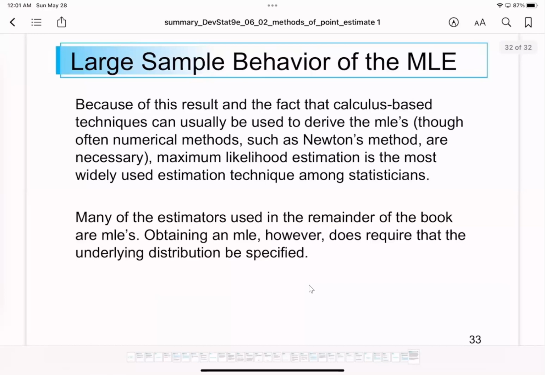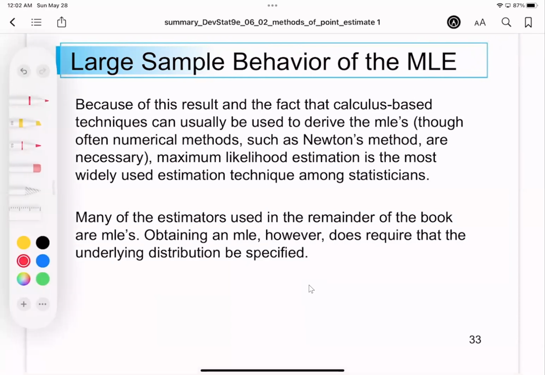To summarize, how do we find the MLE? We start with the joint distribution function. Work with the joint distribution function, okay. And then these joint distribution functions are treated as functions of the unknown parameters thetas. And then take the log of that, we call it the log likelihood. And for this log likelihood, we take partial derivative with respect to theta i and set it equal to 0.